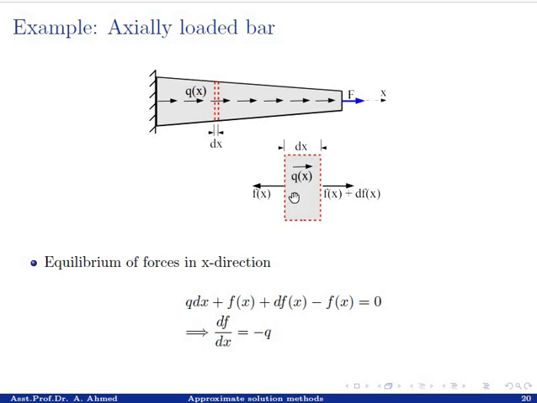This is the uniformly distributed force in the member, Q of x. Let's say the resultant force at the left face of this differential element is represented with F of x, and the force on the right end of this element is represented with F of x plus some change in the force.